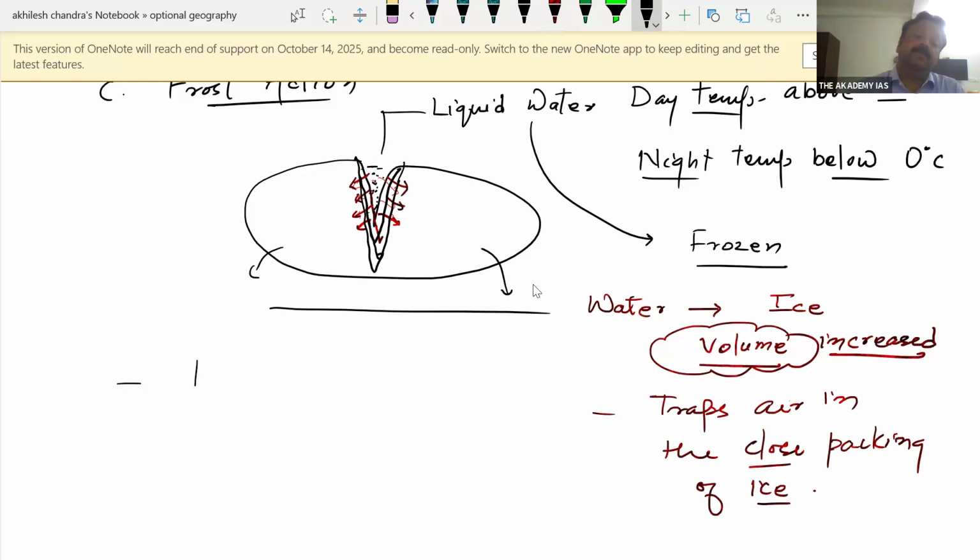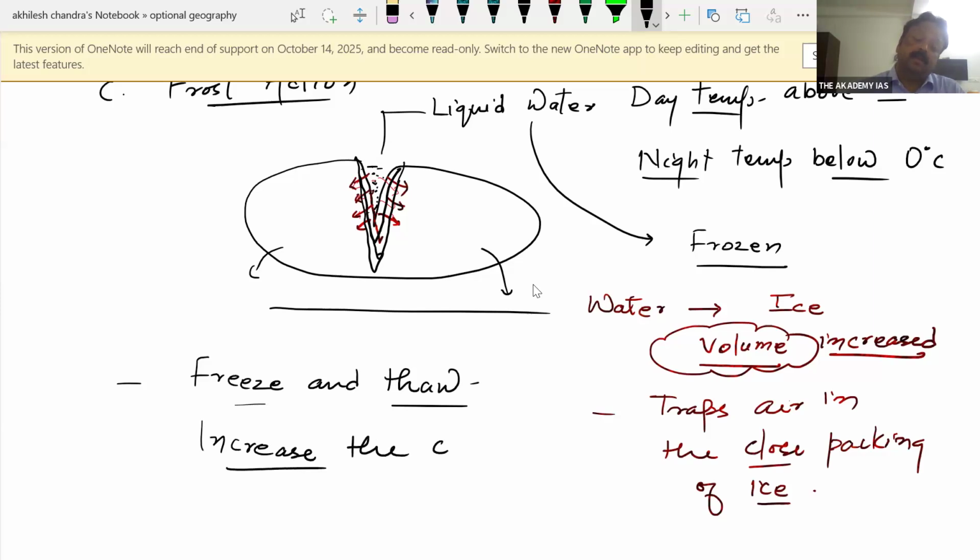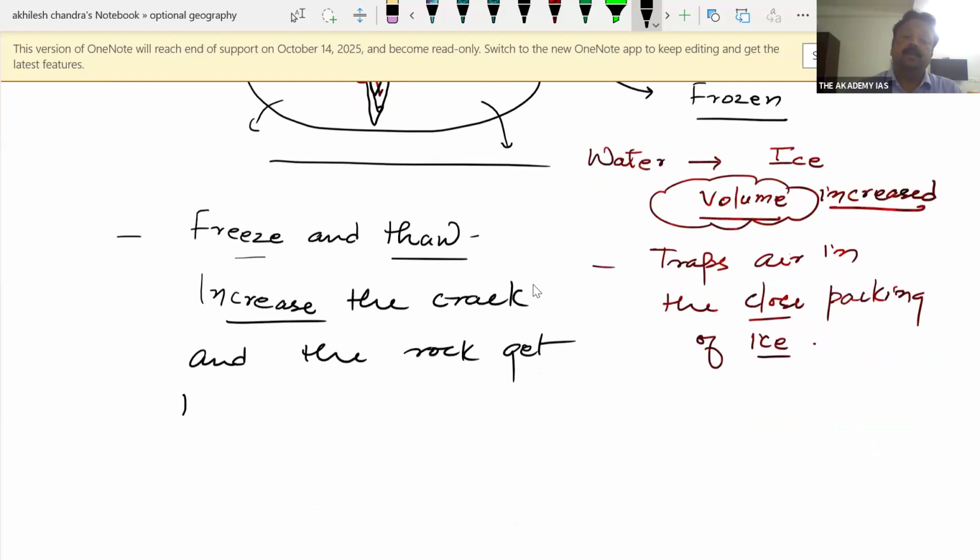So there is a repeated freeze and thaw. thaw हो जाने के बाद फिर से liquid बना बच्चे, और freeze होने पे volume बढ़ा और पानी आया. So repeated freeze and thaw increase the crack, and the rock gets disintegrated, gets broken.